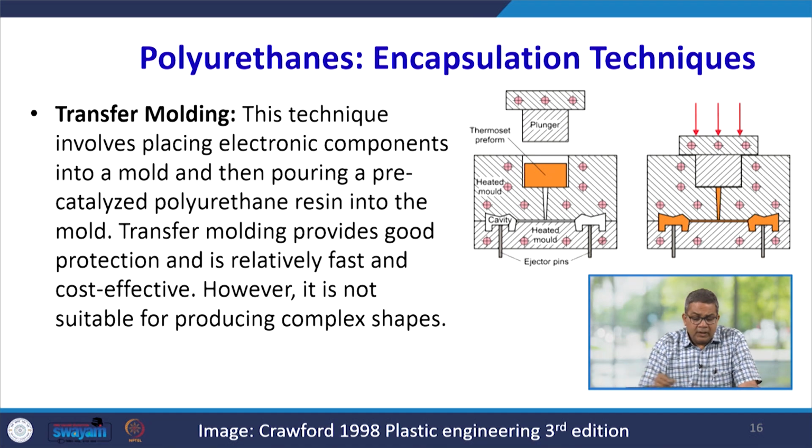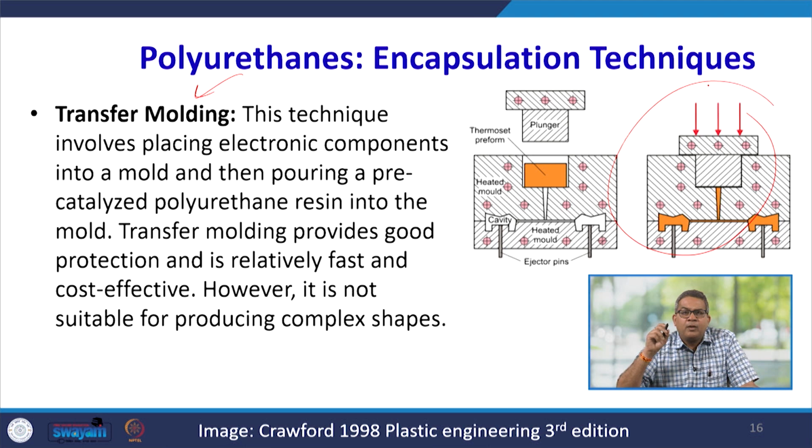Another is transfer molding. This technique involves placing the electronic component and then pouring the pre-catalyzed polyurethane resin into the mold. Transfer molding provides good protection and is relatively fast and cost effective.